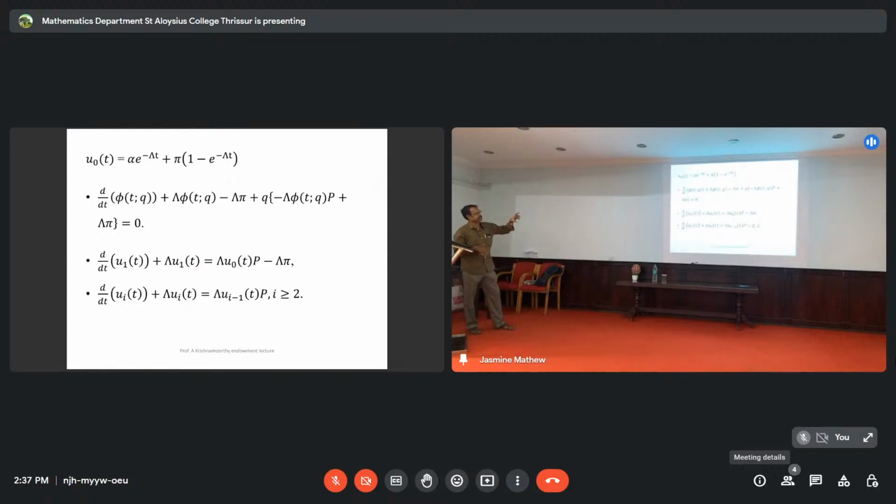Because of this assumption, we will be getting some additional terms like this, which were not there with the earlier guess. And therefore, there is a change in the first differential equation that U1(t) satisfies, but that can also be solved.